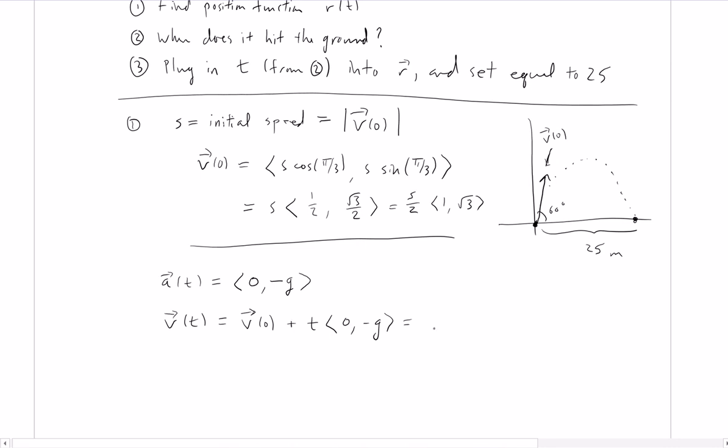And if we combine that with our v of 0 from above, this is s over 2 plus 0, comma, square root of 3 over 2 times s minus g times t.